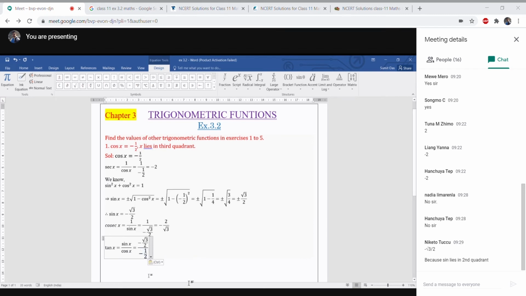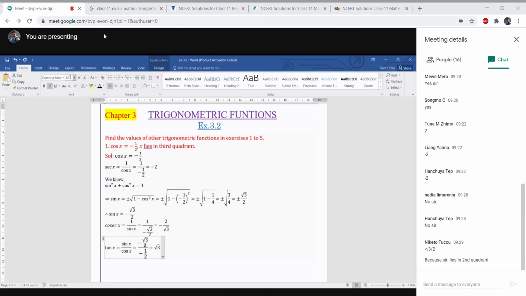When you simplify this one, you will get square root of 3. Minus minus cancel, and the 2 will cancel also. It will be square root of 3. So this is the thing.